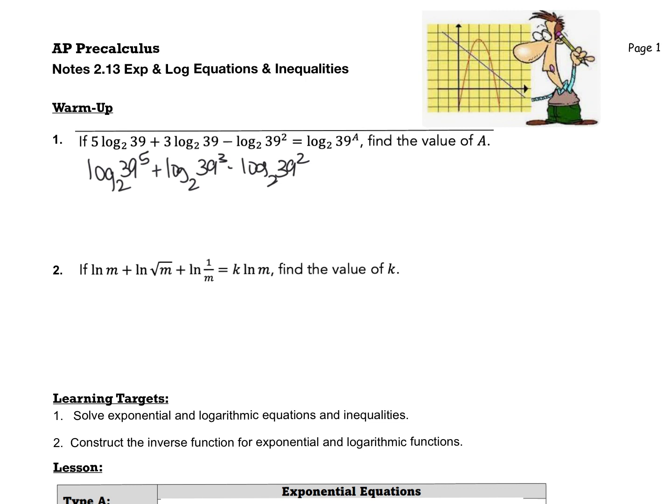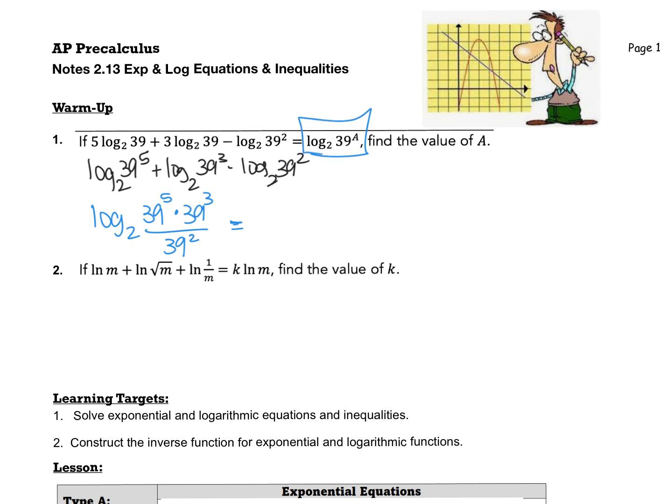Now, they want me to put it together into 1 logarithm. So I'm going to keep 1 log base 2. That'd be 39 to the 5th times 39 to the 3rd divided by 39 squared. Okay, so let's simplify that, because if I look over here at the right-hand side, they just want 1 log base 2 and a 39.